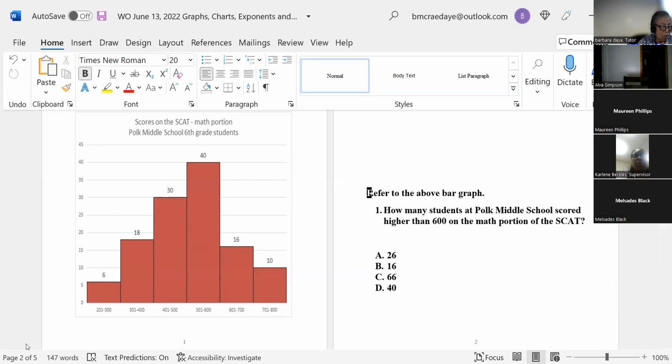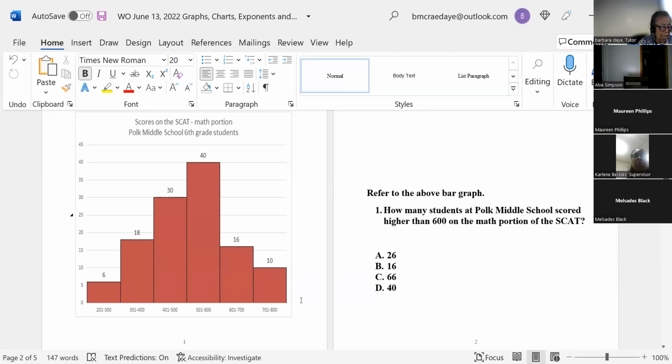Now Maureen, these numbers over here on the Y line, what do they represent? The students. Yes, the number of students that fell within the various ranges. All right. So these numbers represent the number of students.